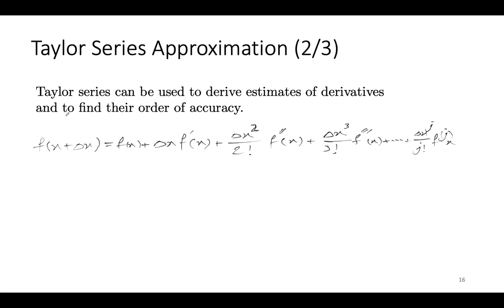In order to compute f of x plus delta x, we can expand it to f of x plus delta x times f prime of x. So that's the first order derivative. And then we go on to the second order, delta x squared divided by 2 factorial times f double prime of x. And then we go on and on up to the higher orders, up to the last one.